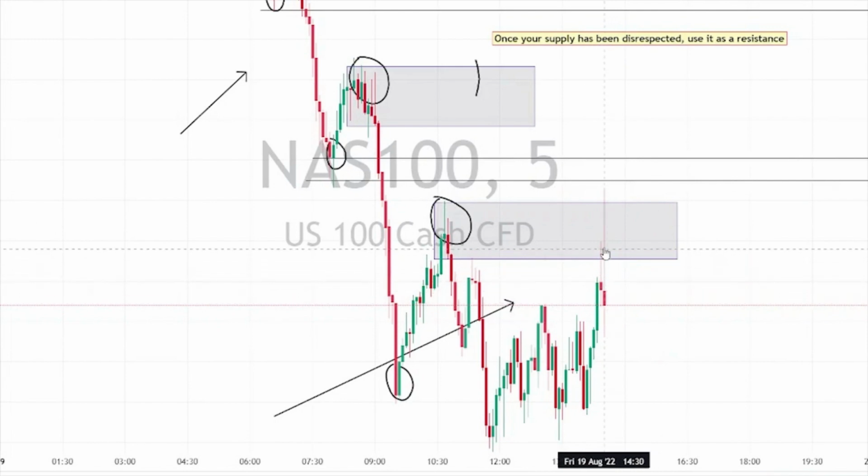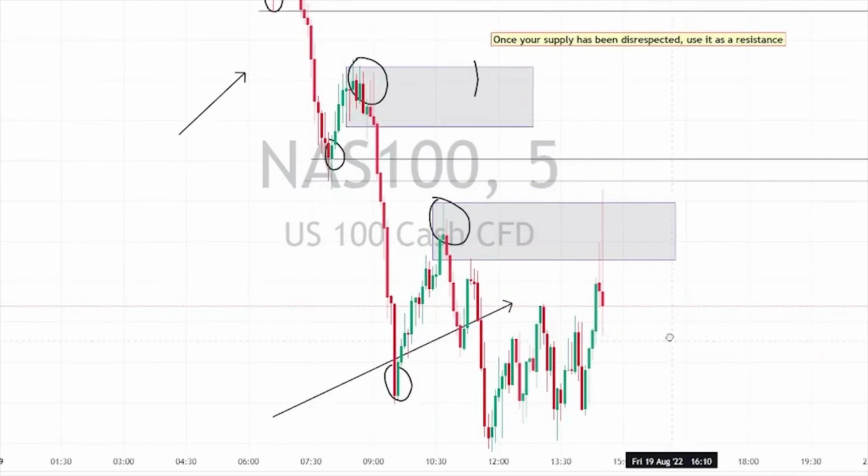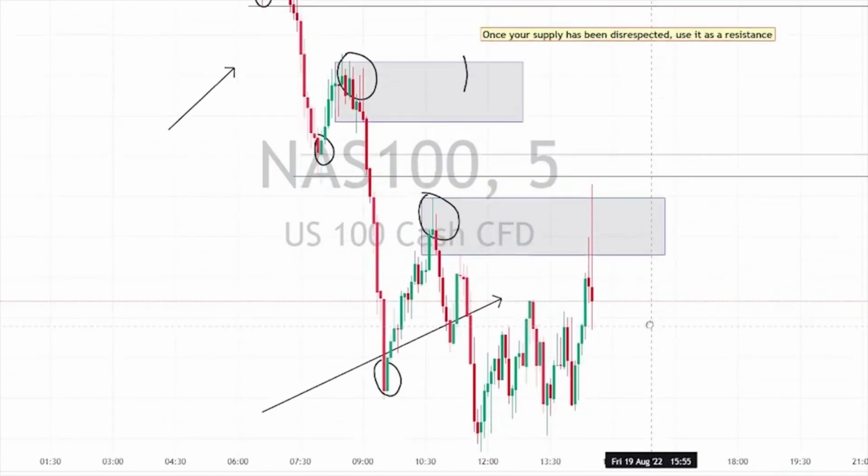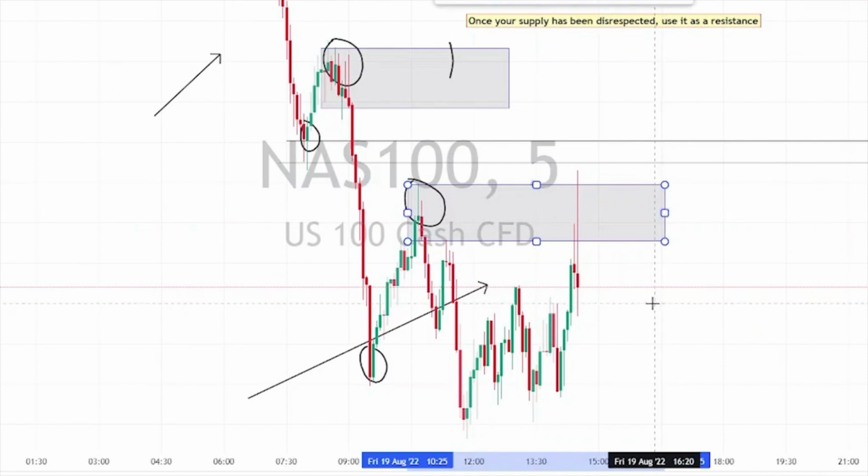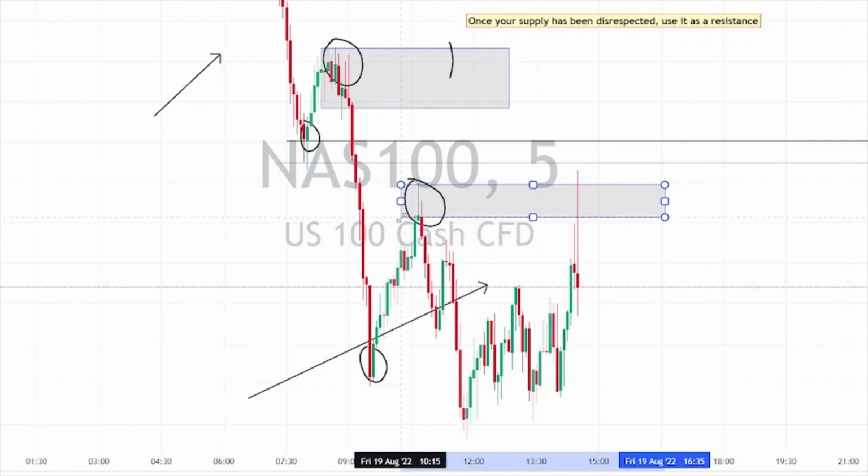Each time you see this type of setup that is higher than all the candles, it's a liquidity grab, and I love to take this type of setup. Once they grab liquidity, once the money is in their hands, they are leaving the zone, they are leaving the area. So remember, our supply has been disrespected, so I have to use it as a resistance.